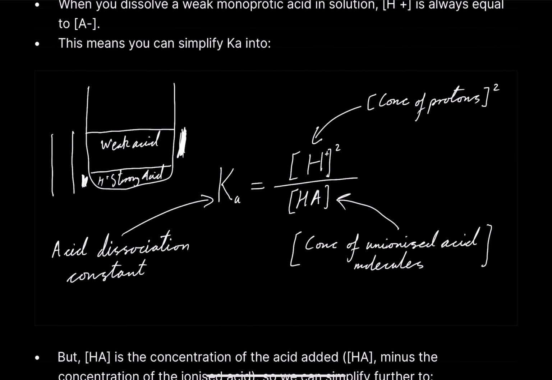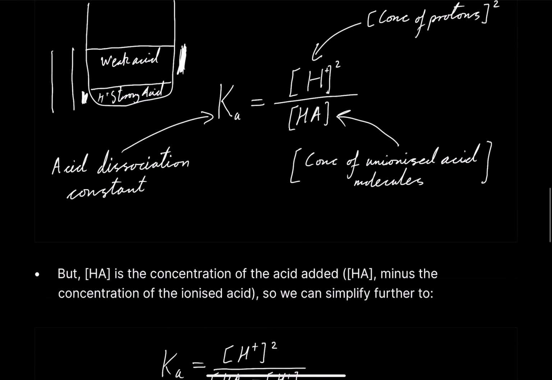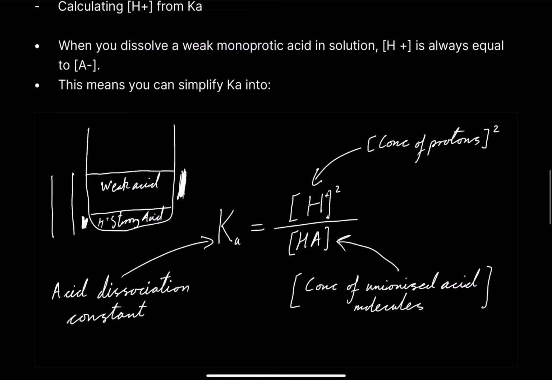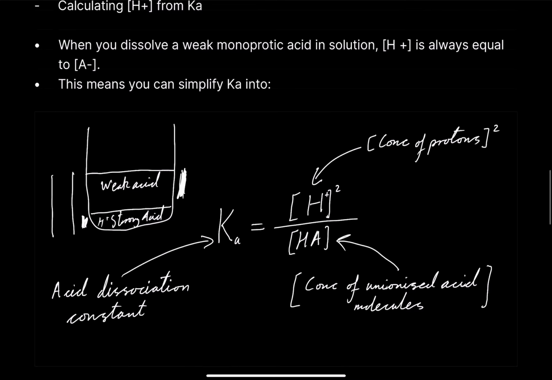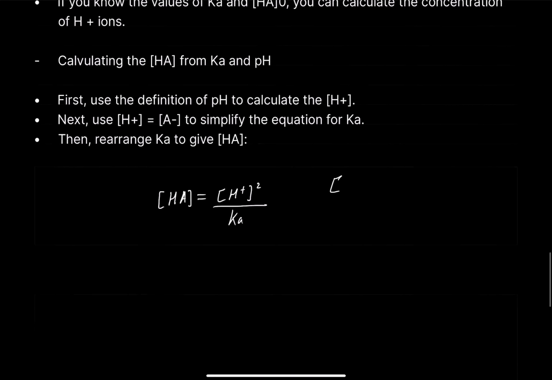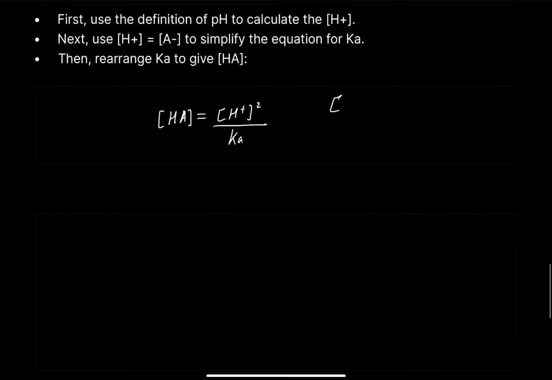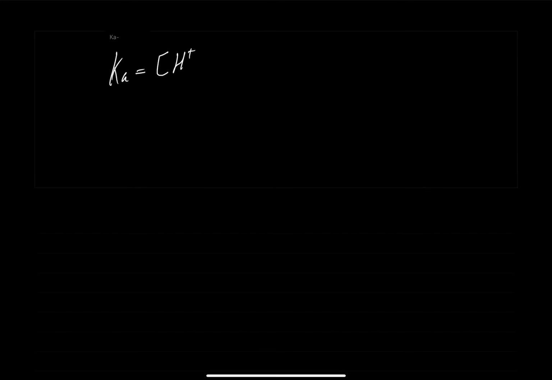This is a weak acid that they told you. They want you to work out the concentration of a weak acid, essentially. So the first thing I do here is write Ka is equal to H plus squared over HA.